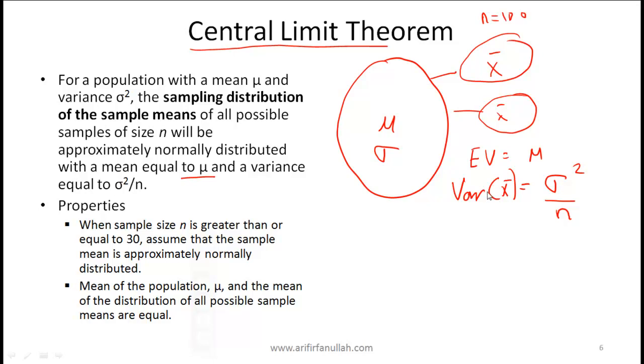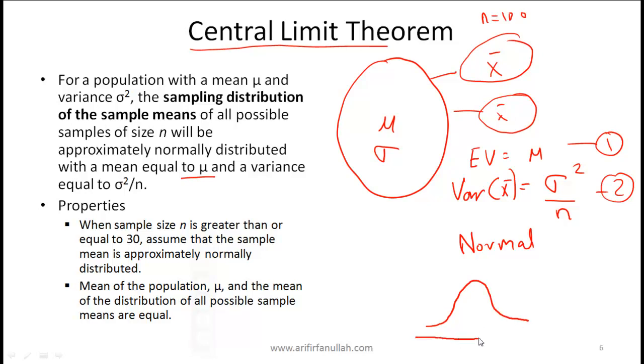So this is point number 1, this is point number 2, and point number 3 is that this distribution of x bar will be normal. So we will have a normal distribution for x bar. In other words, the distribution of x bar will look something like this.